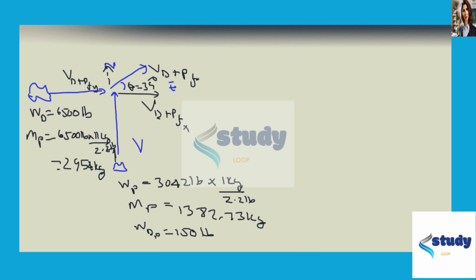Also, there's an initial velocity for the Prius, which is 50 miles per hour, but we want to change that right away to meters per second.